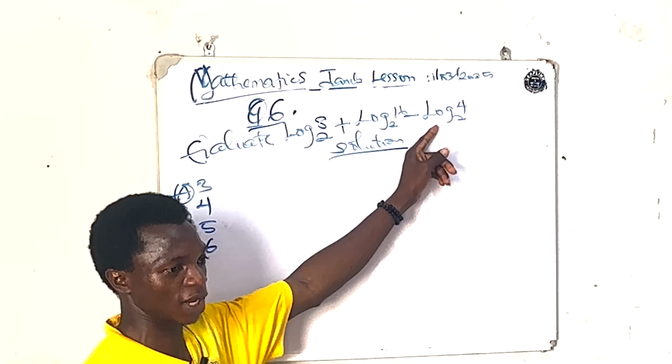Now, to get the selling price, the selling price is going to be cost price minus the loss. Selling price is going to be cost price minus the loss. And what is our cost price? 60,000 minus 9,000.